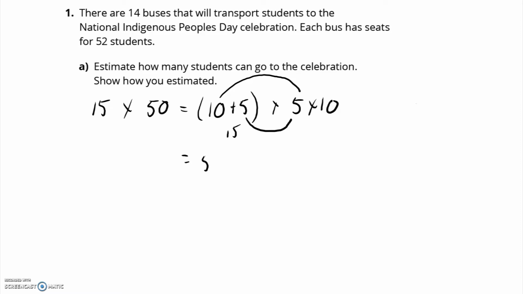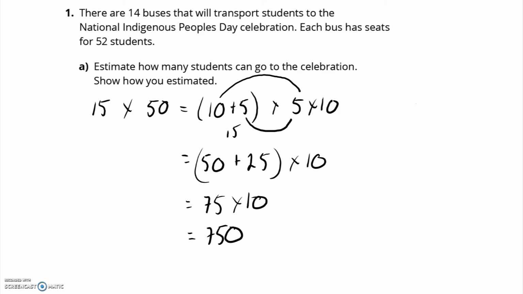So that tells me that I've got 50 plus 25, and I'm going to multiply all of that times 10, which means I've got 75 times 10, which is approximately 750. So I've estimated that I've got about 750 students on those buses.